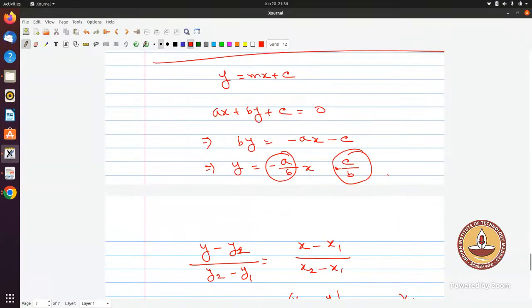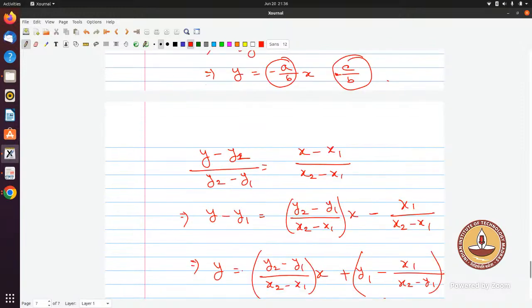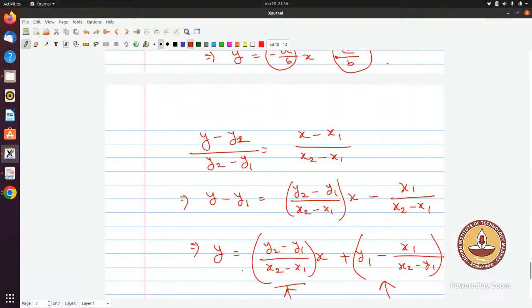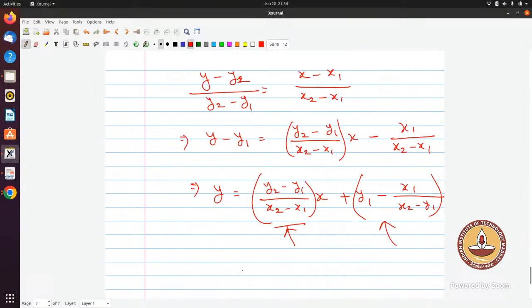This one is what I am saying: whatever forms of equation you have, eventually we can take it to the other form, the slope intercept form. That is what I have shown here, nothing else. Whatever equation I get, whatever form, I am taking it to y equal to mx plus c form.